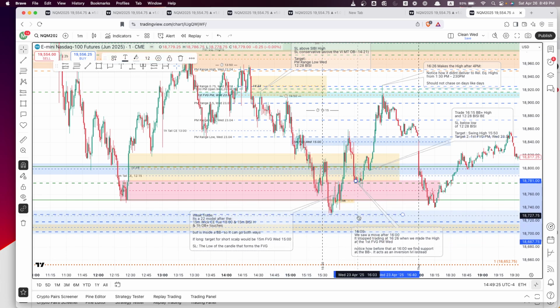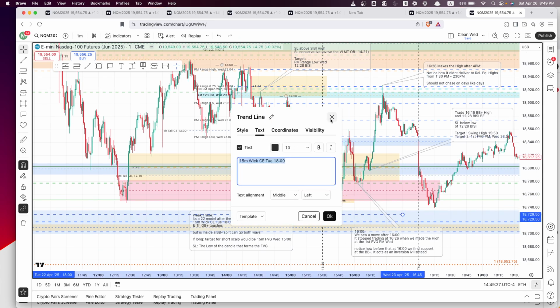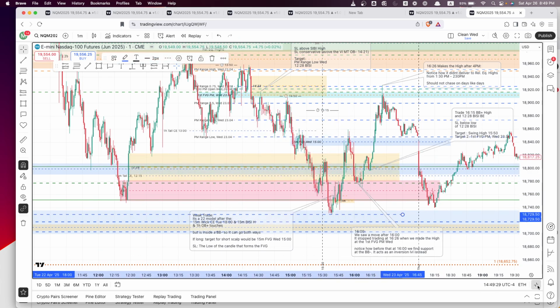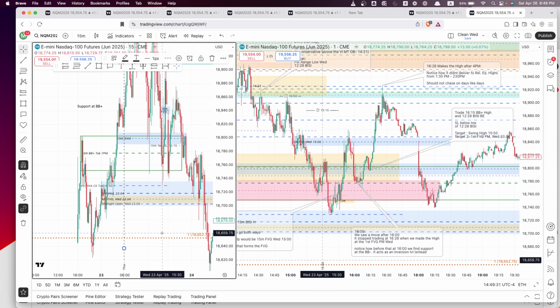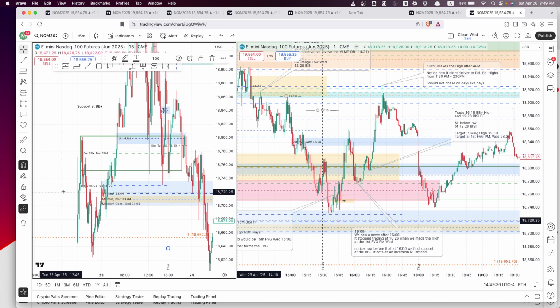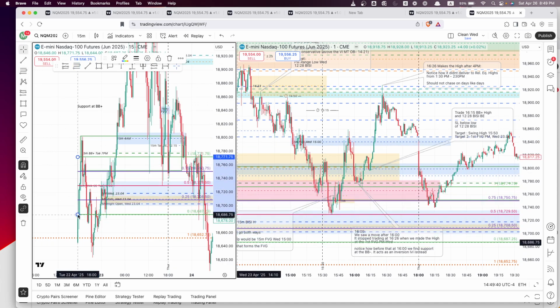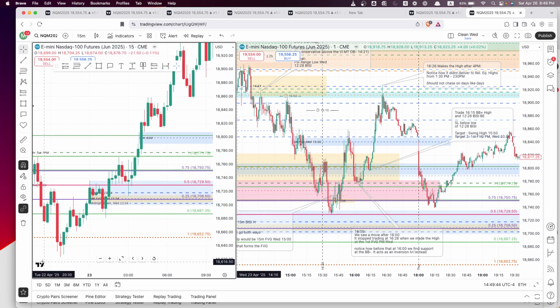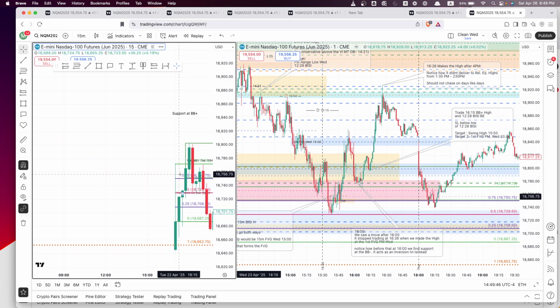And then here it hits the 15-minute consequent encroachment over here. So this was what made price go higher afterwards. Perfectly touches this. Make it a bit bigger. So notice this huge wick, 15 minutes. 3:30 we expect a reversal.